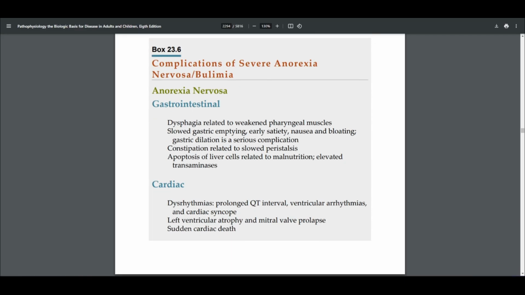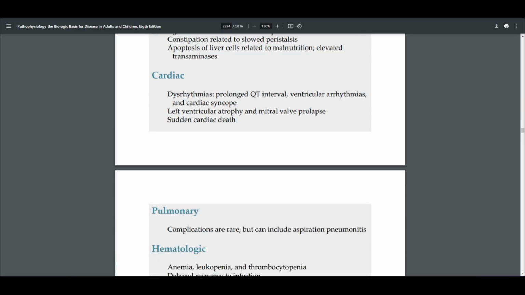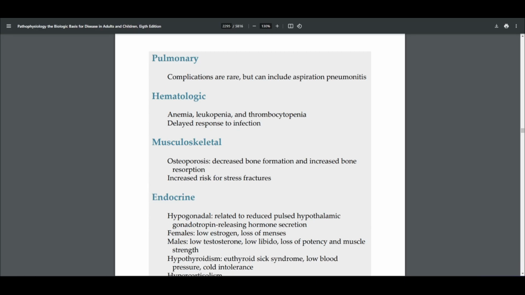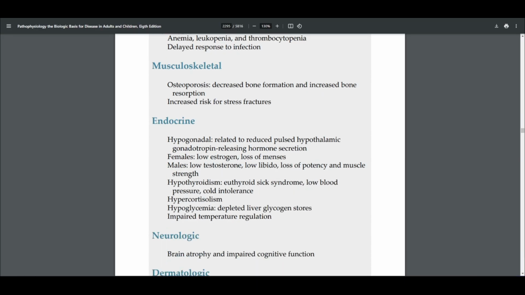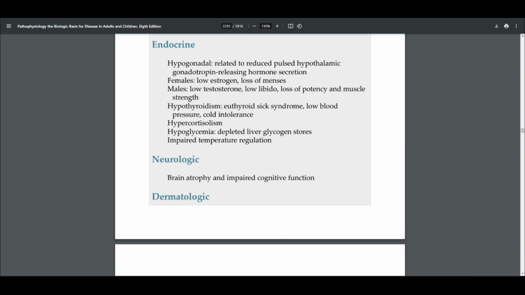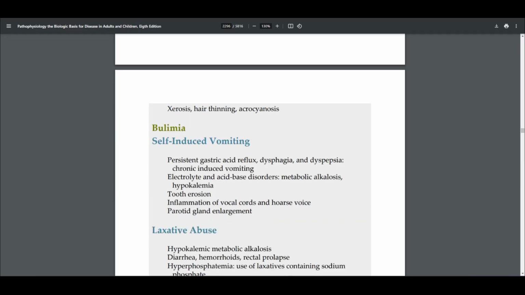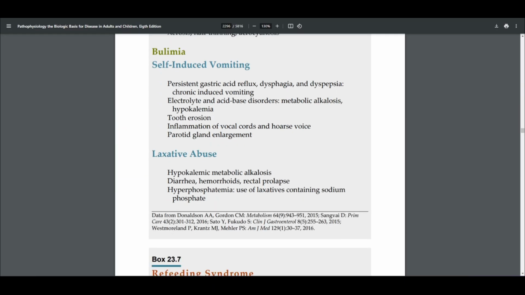So, again, we have complications: GI, cardiac, pulmonary, hematologic, musculoskeletal, endocrine, neurologic, dermatologic, and then bulimia, with self induced vomiting and laxative abuse.